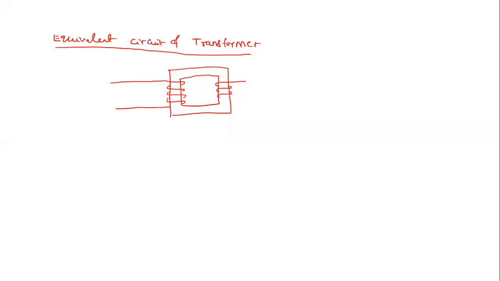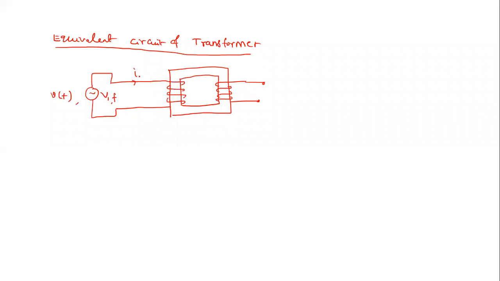One winding is fed with the supply, that is called the primary, and another one is fed with a load, that is called the secondary. The one fed with supply has instantaneous voltage v, having RMS value V1.